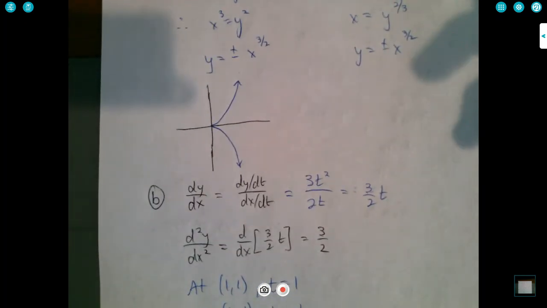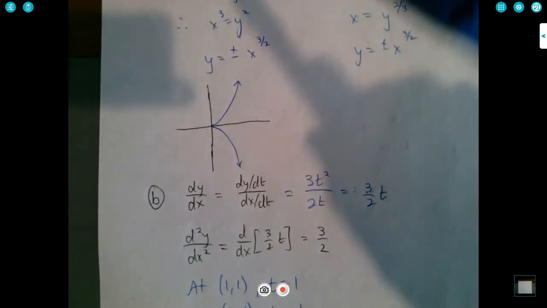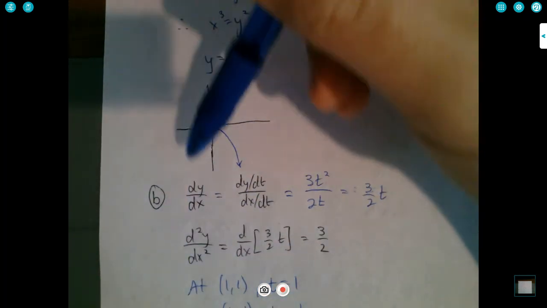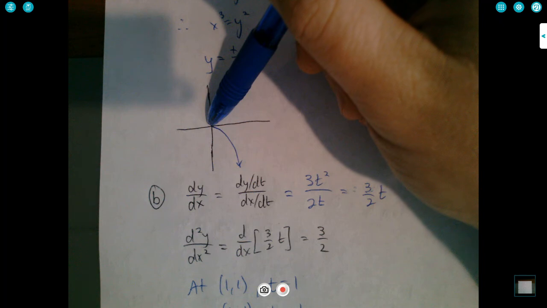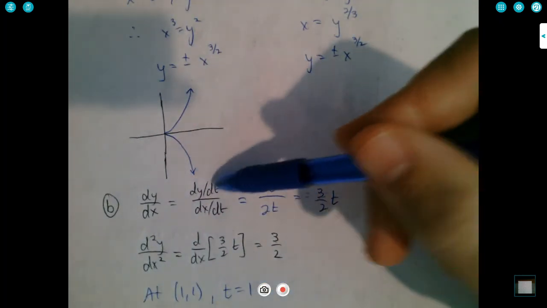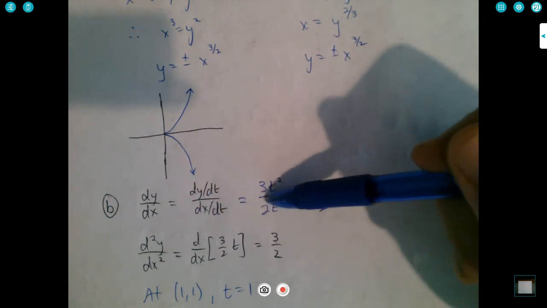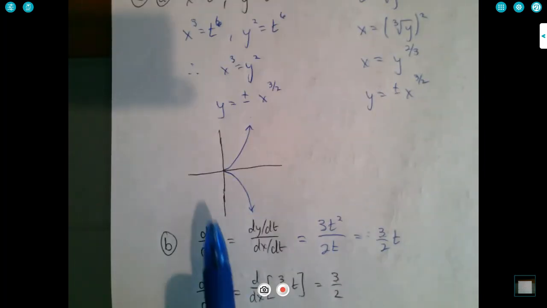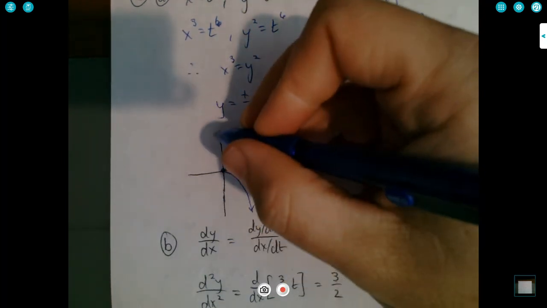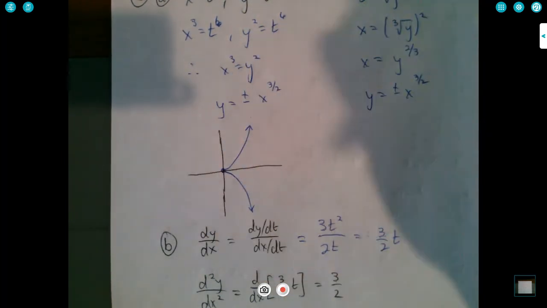Notice that at the point (0, 0), by the way, that would happen when t equals 0, dy/dt equals 0 and dx/dt equals 0. So you get that indeterminate. And so as you can see, at this point right here, you don't have a vertical or a horizontal tangent line.